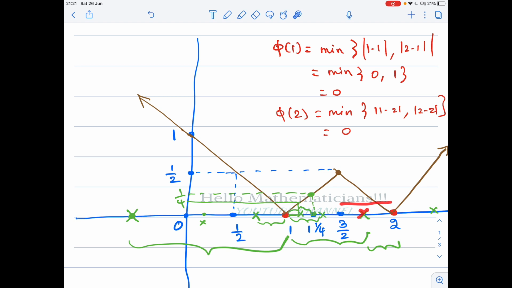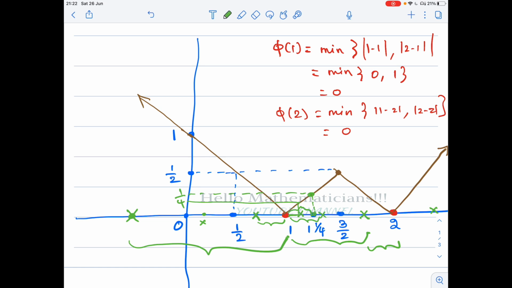Therefore, for this point, pi of x will be lesser than half. Since it is less than half, it should come back like this. And again, for pi of 2, it is 0 as we calculated here. Okay. So now, if you take a point here, distance between x and 2 is lesser than distance between x and 1. Okay. So hereafter, the distance started to grow up.